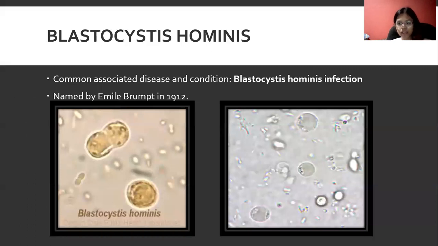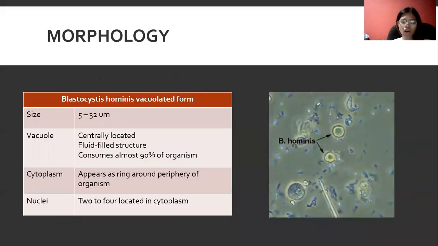Next, we have Blastocystis hominis. The common associated disease is Blastocystis hominis infection. The name Blastocystis hominis was given by Emil Brumpt in 1912. The vacuolated form of Blastocystis hominis is 5 to 32 microns in size.